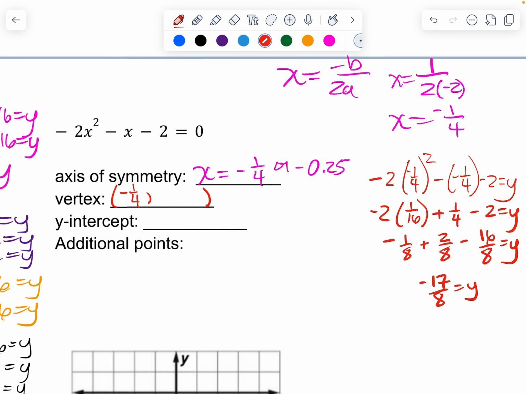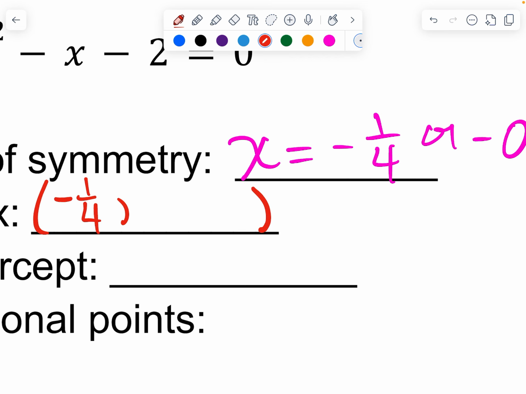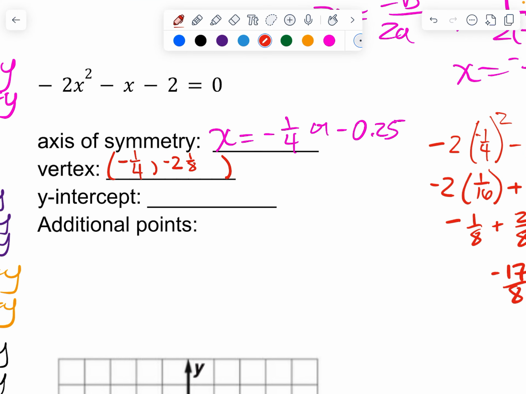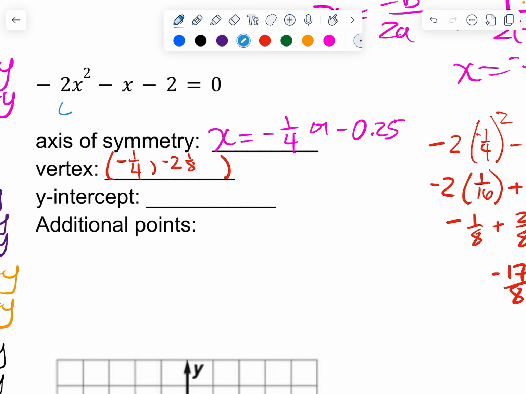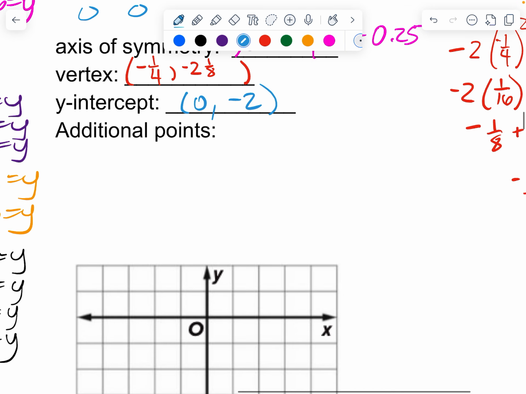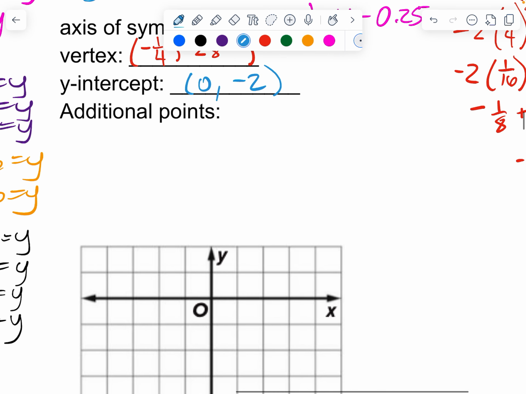Oh, really? Negative b over 2a. Okay. Negative 17/8. So that's negative 2 and 1/8. Y-intercept, plug in 0. That would get me negative 2. Zero, negative 2.